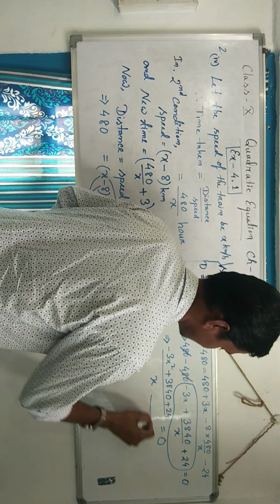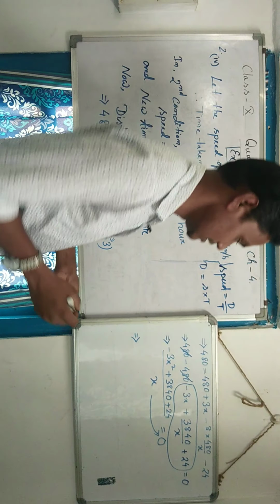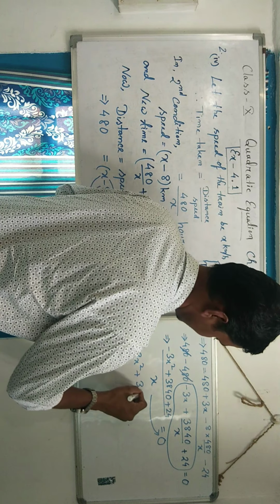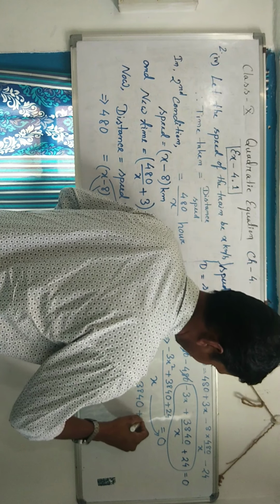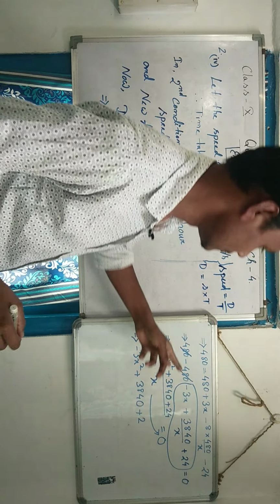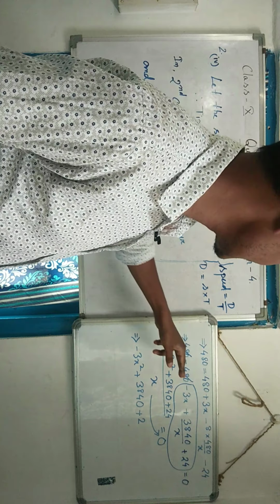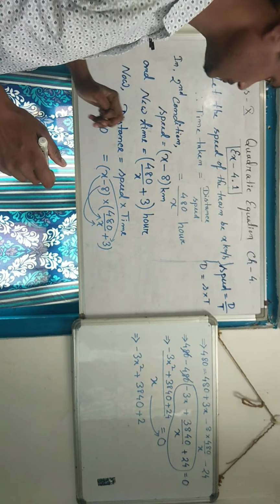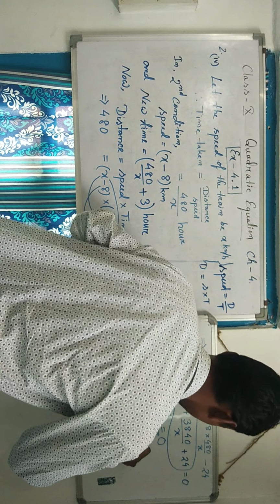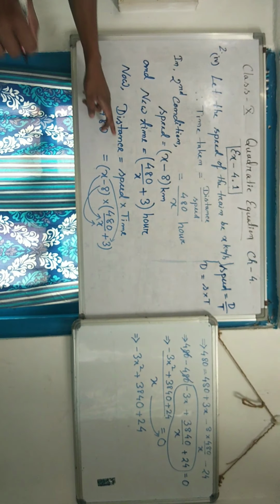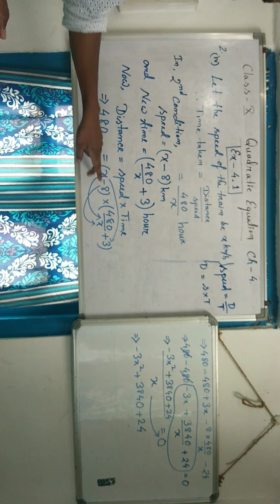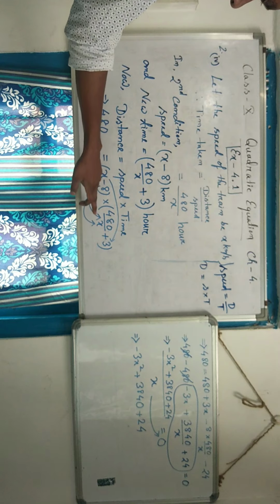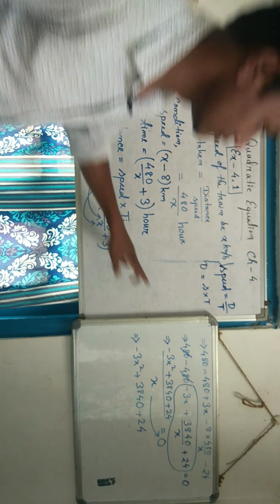This implies cross multiply it. So look here, distance is equal to speed into time. 480, x minus 8 into this, x will get cancelled, 8 into this divided by this, then 3 multiplied by x, it will be thrice x.